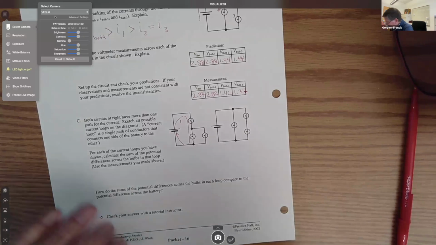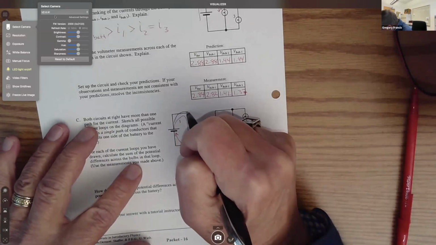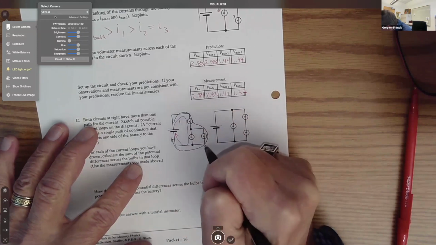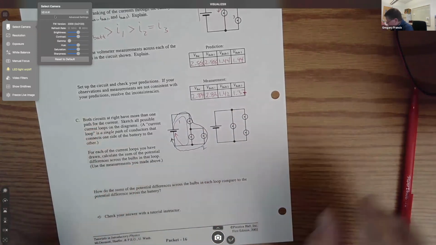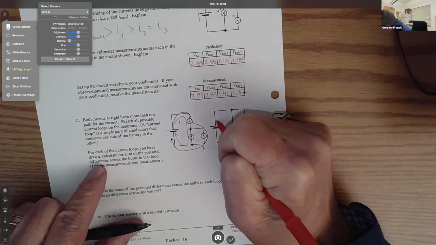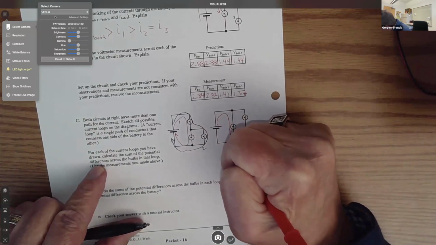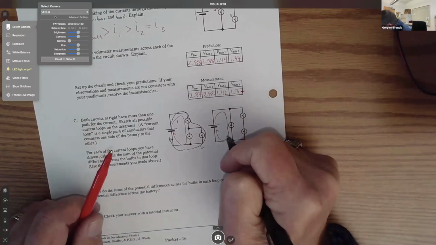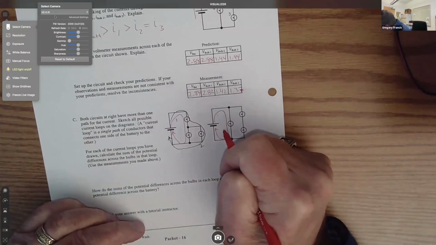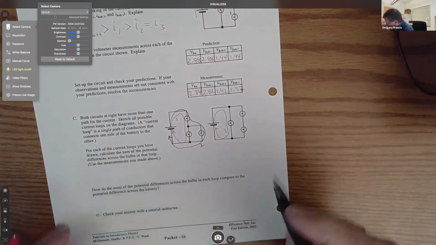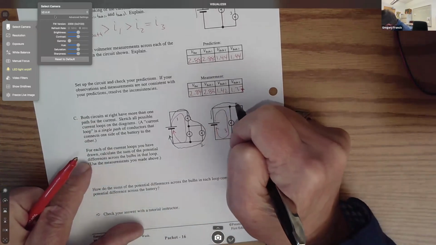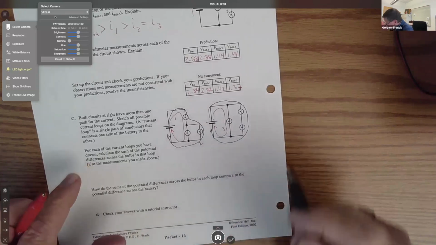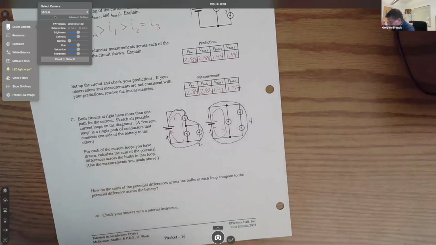And I have this one that I am going to call loop 2. And I have this one that I am going to call loop 3. And I have this one that I am going to call loop 4.